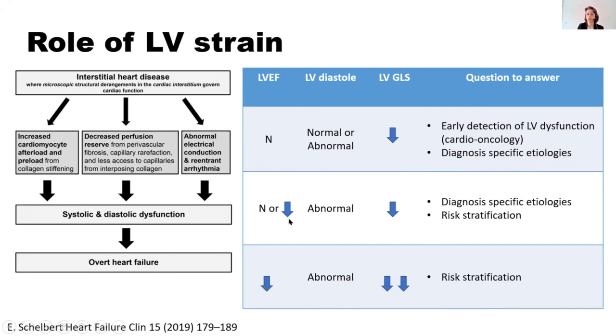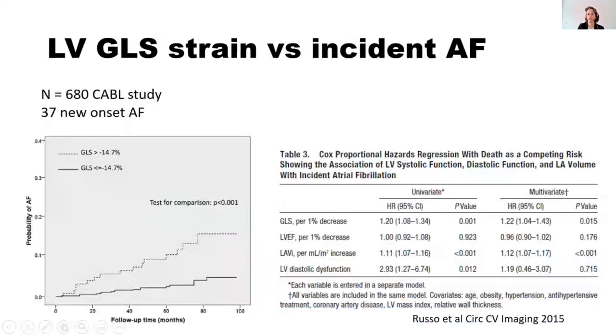When there is already abnormal diastole and global longitudinal strain, we are going to be more focused on risk stratification, as well as when there is overt heart failure.